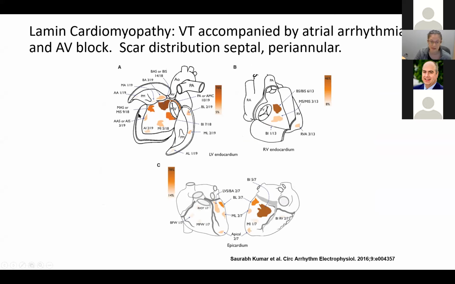And this is the left ventricle sort of opened up, and we're looking at that same peri-aortic septal area here. The darker areas were where the VTs were more frequently found, and the lighter areas where they were less frequently found. So you can see that that same little area is the area that was involved in a lot of these patients, and you could identify a low voltage area from the right ventricle as well, sort of mirroring what was seen in the left ventricle.